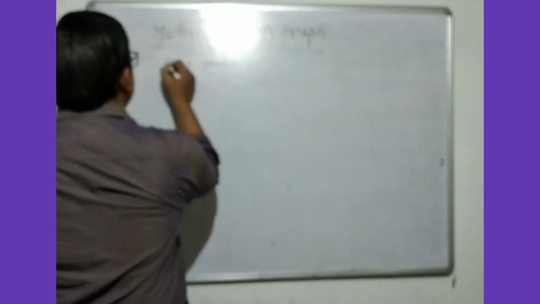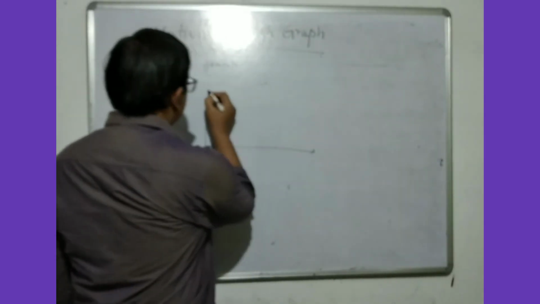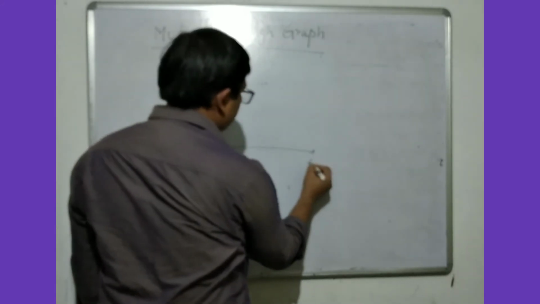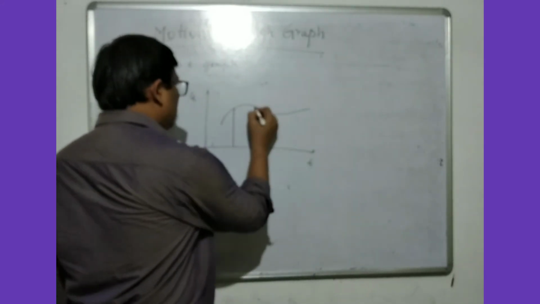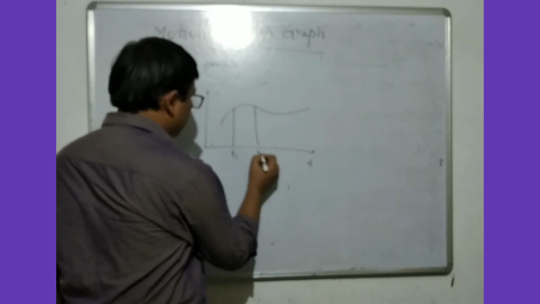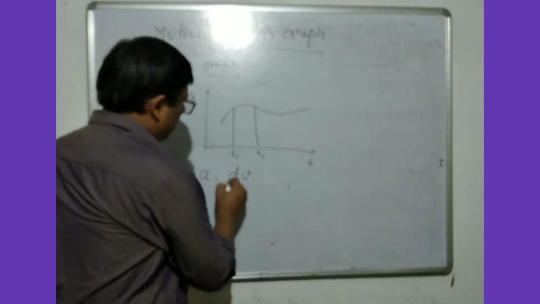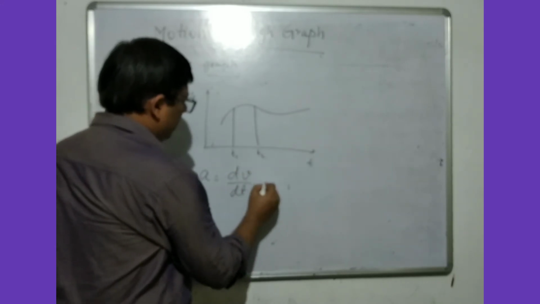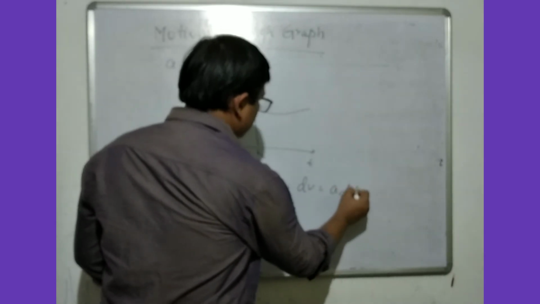What will the acceleration time graph give? So this is our acceleration, this is our time, this is some graph. So let us consider between T1 and T2. Acceleration is nothing but dv upon dt, that is the rate of change of velocity. So dv can be written as a dt.